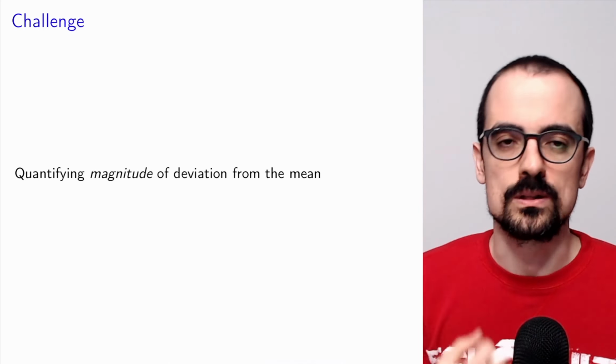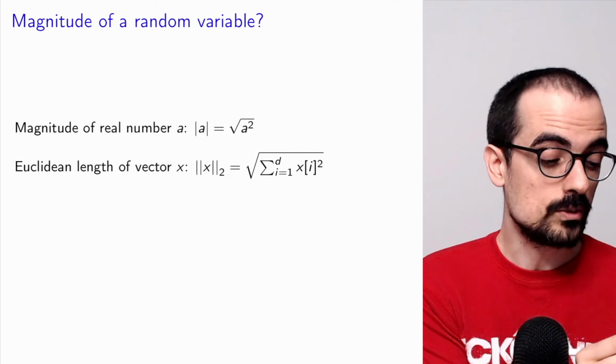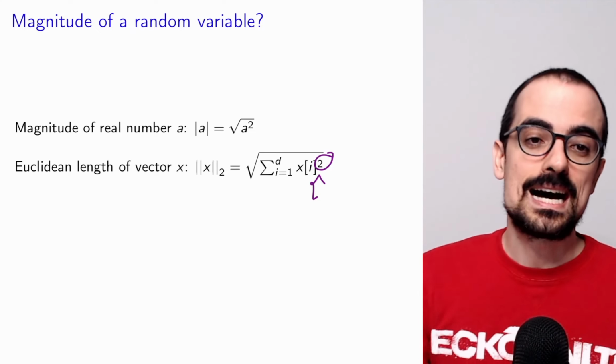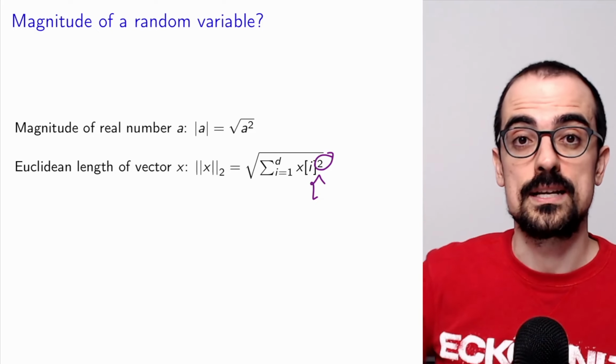We take the absolute value. What is the absolute value? We square the number, and then we take a square root. How do we compute the magnitude of, or Euclidean length of, a vector x? We sum the squares of the entries. Why do we sum the squares of the entries? So that there's no cancellations between negative and positive entries. And after summing them all up, we take a square root.